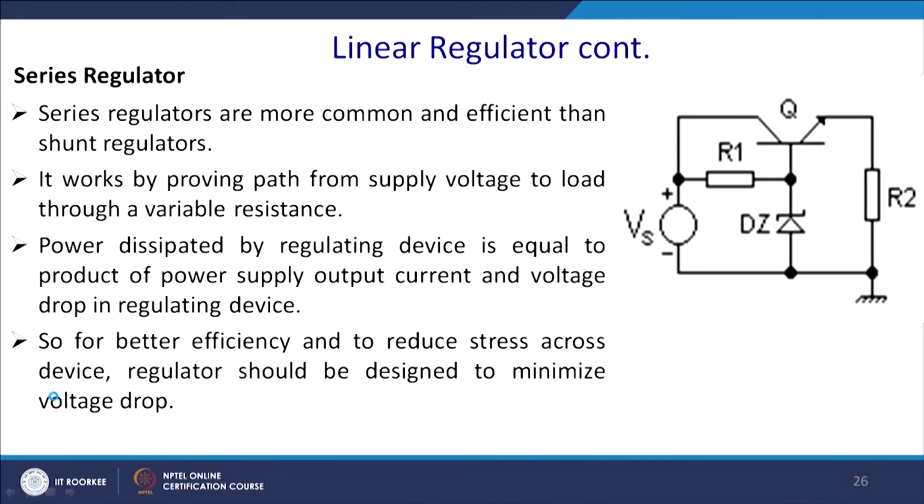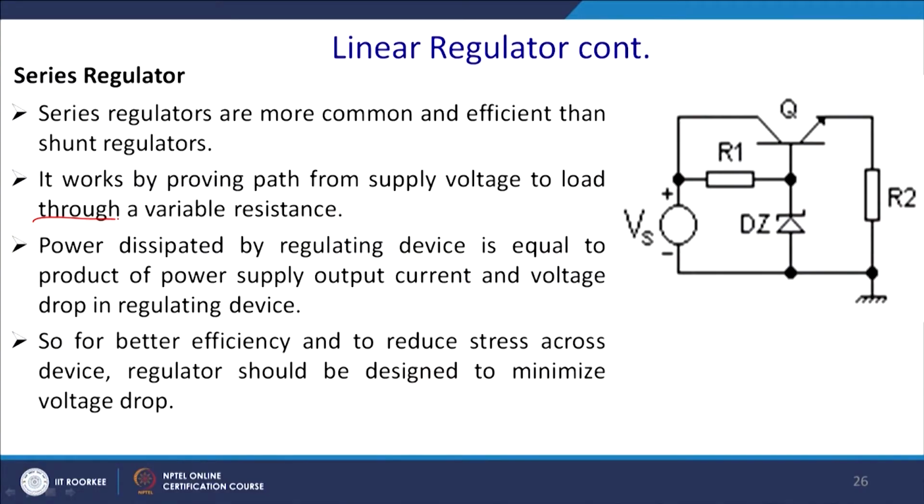Now, let us come to the second type, that is the series IC regulator. The series IC regulator will have a feedback. These are the more common and efficient solutions, the 7805, 7808, 7812 that I was talking about a little while ago, these are all series regulators. It works by providing a path from the supply voltage to the load through a variable resistance.